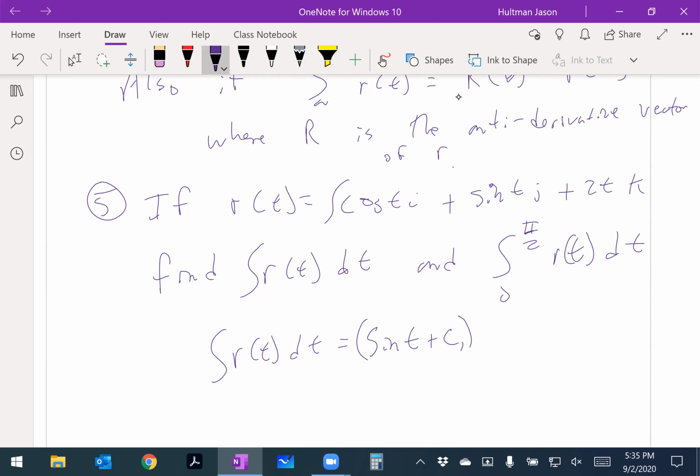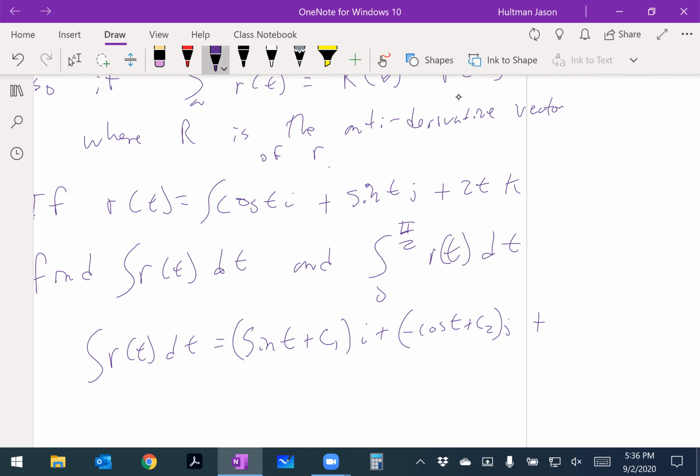I'll call that constant c1, the constant that goes with our x coordinate, i. Plus, what's the integral of sine? Isn't that negative cosine of t plus c2 j. Plus the integral of 2t, that's t squared, plus c3 k. Make sense?